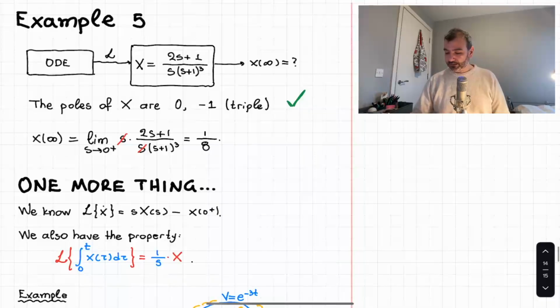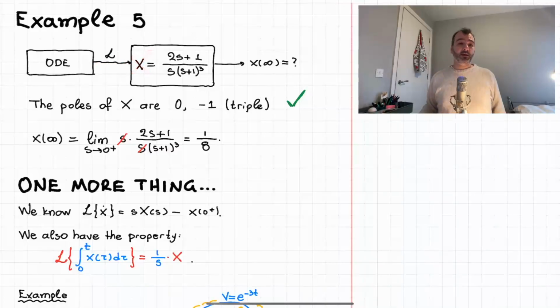And let's have a look at this example. Someone has taken an ODE, they have applied the Laplace transform, and they have ended up with this big X. The question is, what is X at infinity? So before rushing into just taking the formula and substituting in what we have, we need to tell whether we can apply the final value theorem.